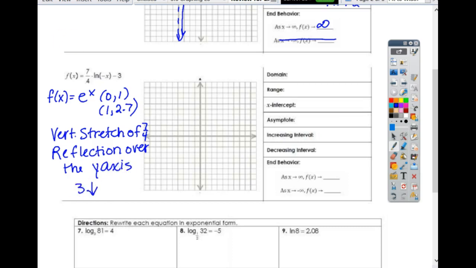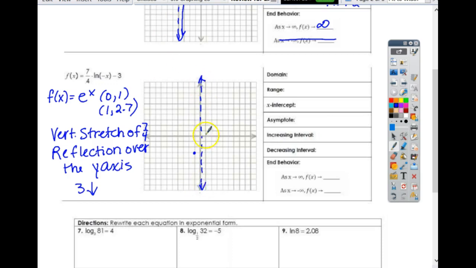And then 3 down. So instead of 0, 1, I'm going to start at 1, 0. So 1, 0 times 7/4 is still 0. I'm going to reflect over the y-axis and move down 3. None of these will move my asymptote, so my asymptote stays here.